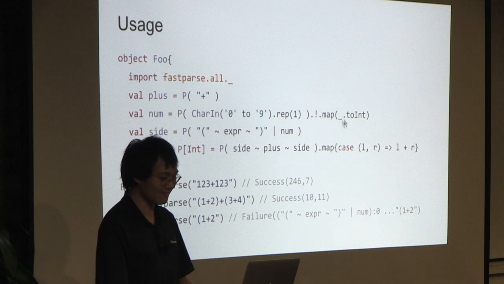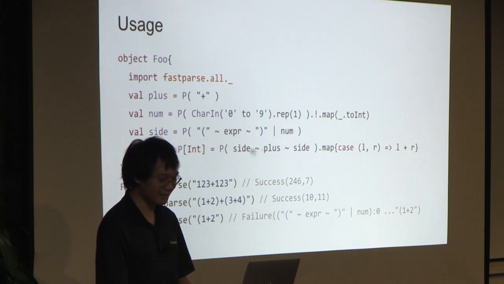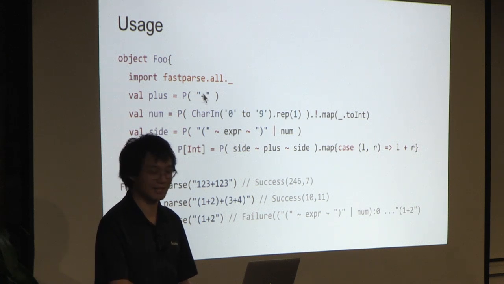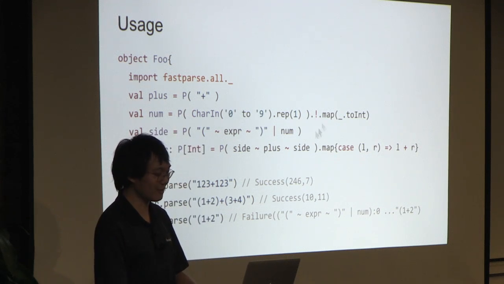Map is the same. This looks the same. Instead of mapping and ignoring the middle plus, I just have a tuple because the plus is ignored by default unless I use exclamation mark to capture it. So there are some details which are different, but overall it looks about the same.